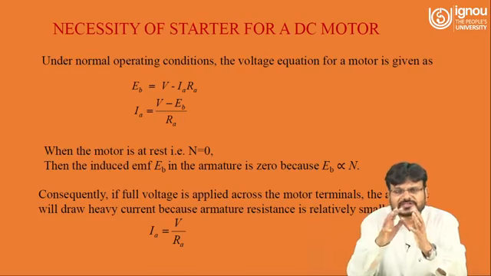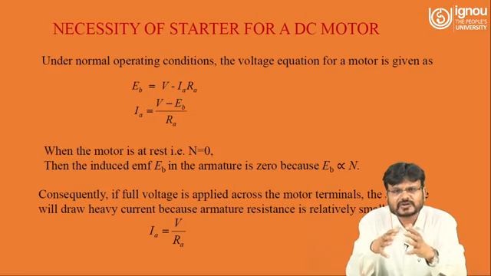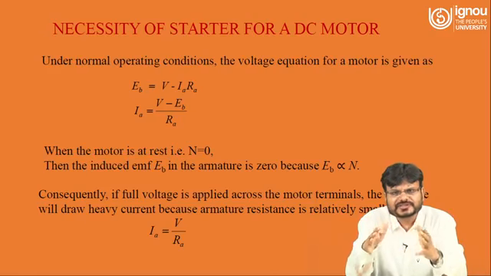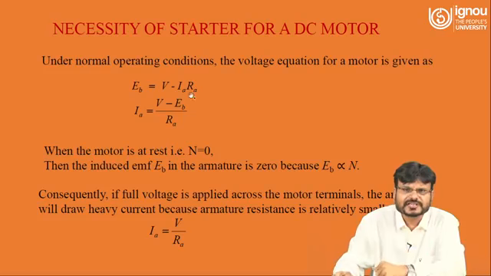When the motor is about to start, the speed is 0, so back EMF is 0, so V minus Eb is very high. Divided by the very small armature resistance, the armature current will be very high.